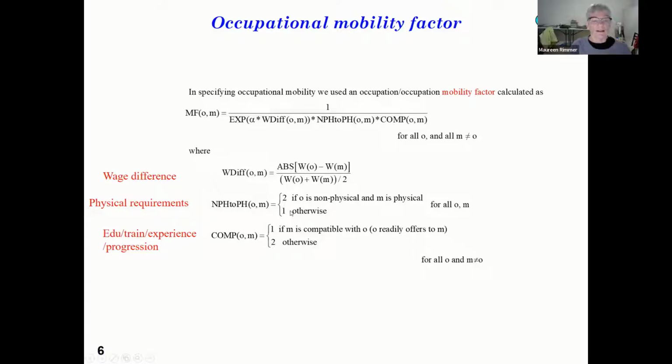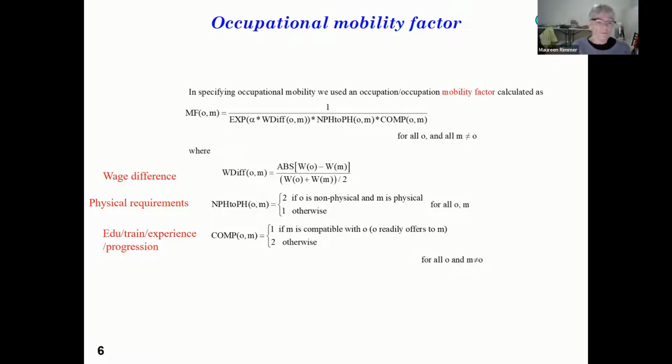So the bigger you make this physical requirement factor, the harder it is for you to move from O to M. If O was a non-physical occupation, like clerical assistant, and the clerical assistant was thinking of moving to occupation M, which is builders labourers, you'd get a 2 because that's a hard transition to do. It's hard to move from non-physical work into physical work.